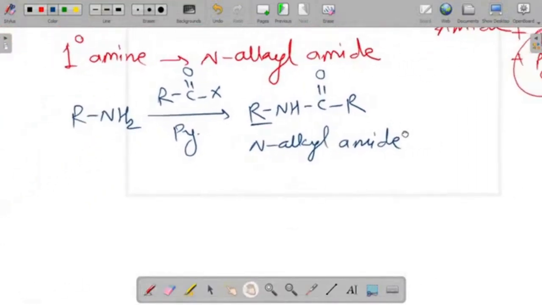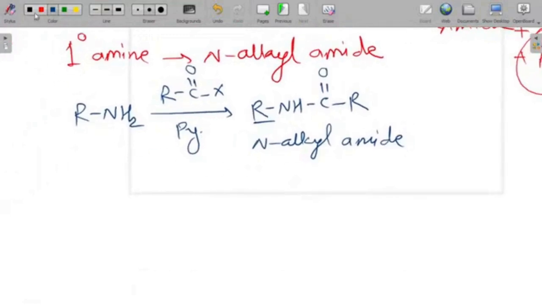Now see this reaction with primary amines: N-alkyl amide plus HX plus your pyridine as it is. Pyridine acts as a base, so the byproduct acid is neutralized.